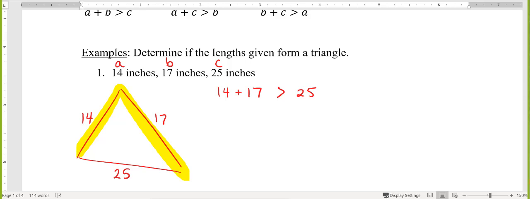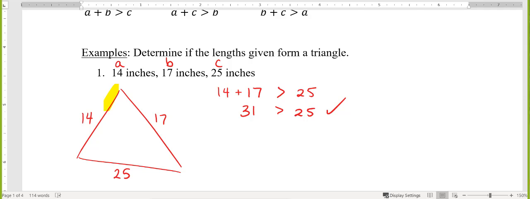What is 14 plus 17? 31. Is 31 bigger than 25? The answer is yes, that works. So now I need to check the other two inequalities. I added 14 and 17.